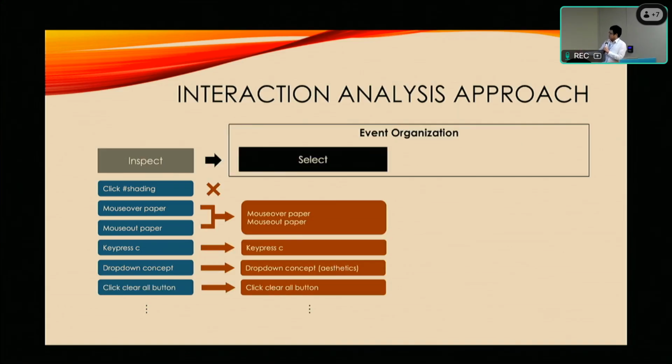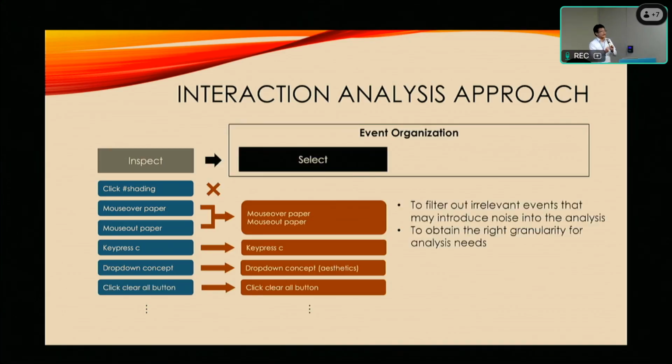They may also look into whether the log event is at the right granularity, because sometimes some events occur together a lot, so put them together. Some may not have enough details, so split them out, and so on. That is basically for filtering out irrelevant events, because they can introduce noise into the analysis, and to obtain the right granularity for the analysis you have in mind.